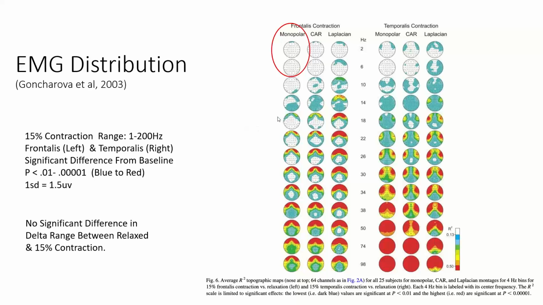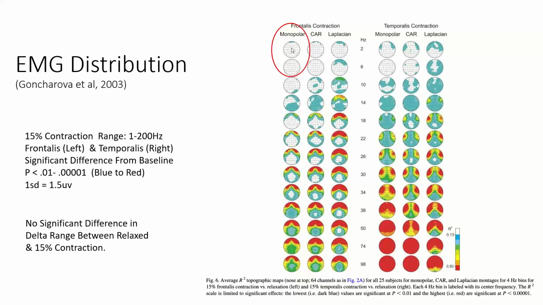Now, this is showing you a 15% contraction range in the 1 to 200 hertz range. So they're comparing frontalis left and temporalis right. Okay, so they got frontalis and temporalis, and here's the frontalis here, left-sided, and temporalis right-sided.